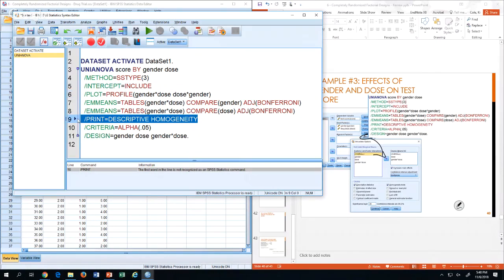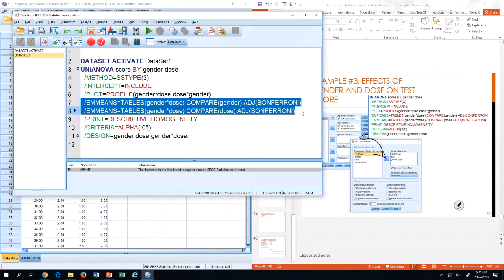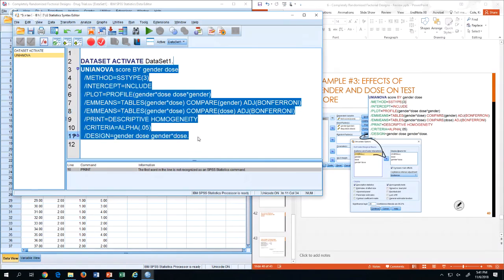And I still have my print for the descriptives and the homogeneity that we don't actually need. So we could delete some of those things. But the main components are these two EM means lines. Do we get those? Raise your hand if you're good. Okay, now you can highlight all of that and click on the green run selection.